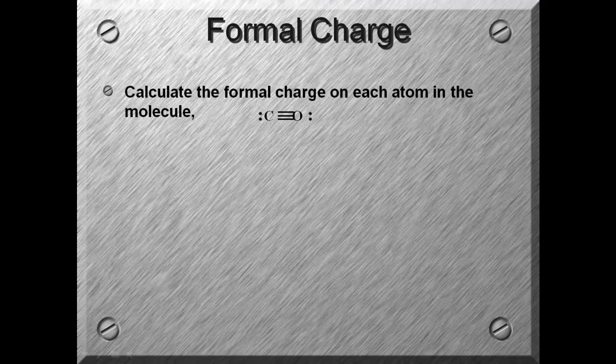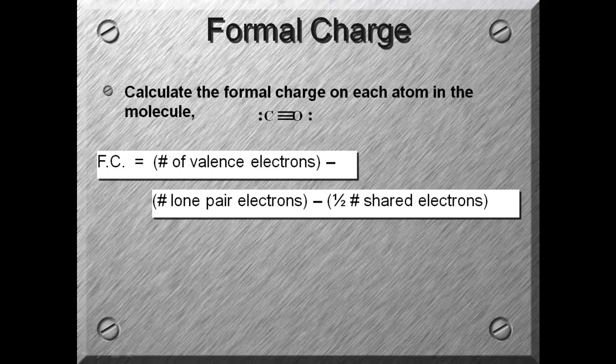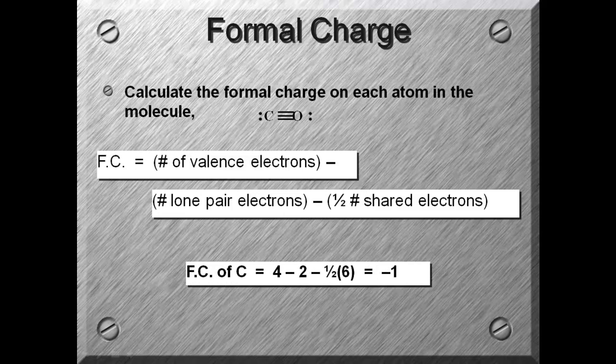So let's look at calculating the formal charge on each atom in this molecule, carbon monoxide. In carbon monoxide, we need to take a look at each atom individually. Using our formula, we look at carbon, and carbon will have 4 valence electrons based on the periodic table.